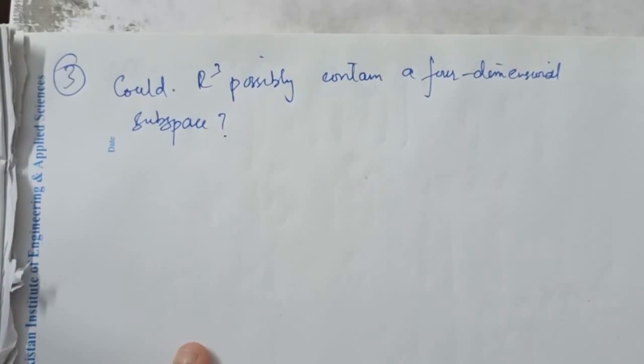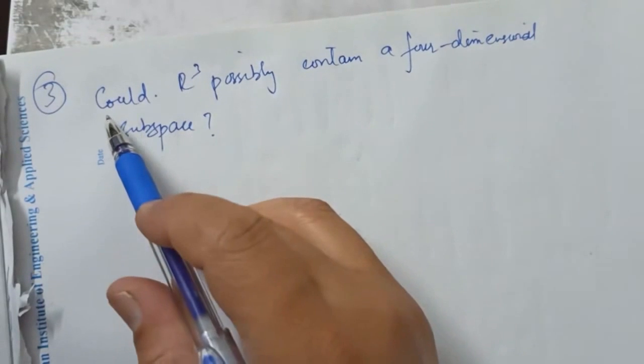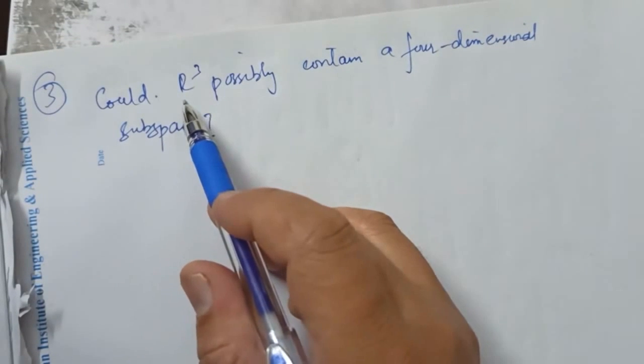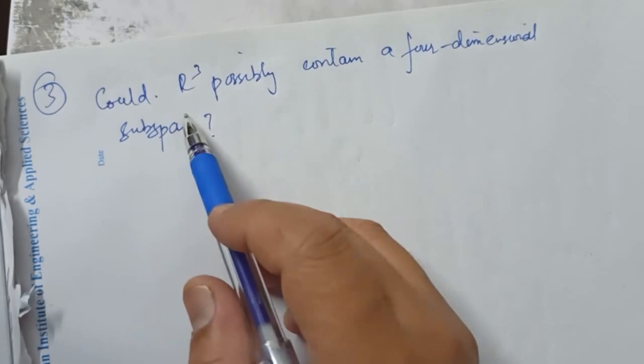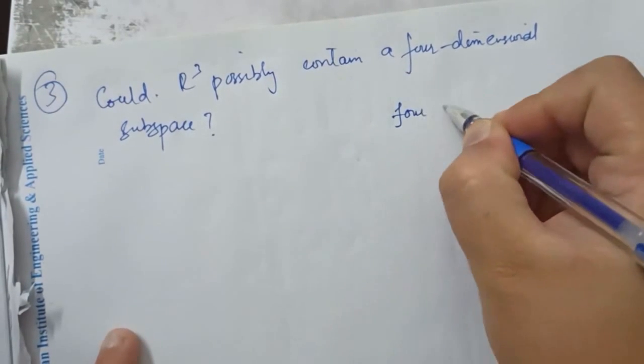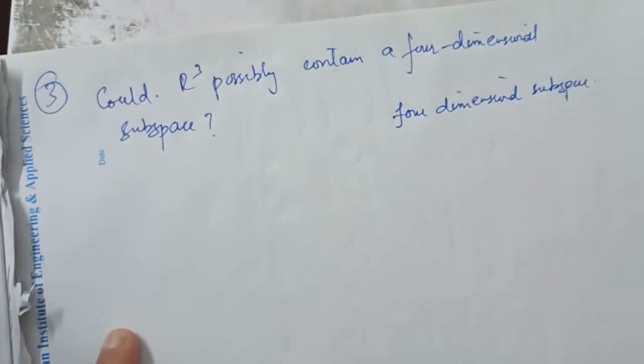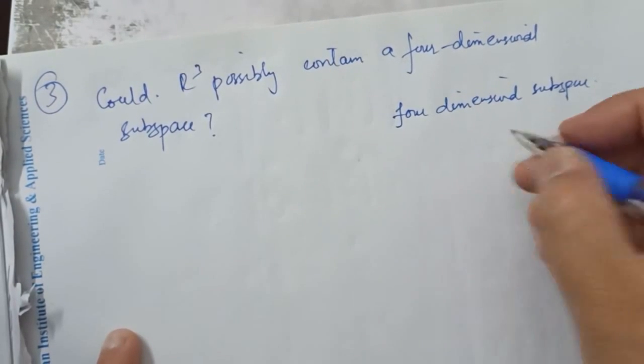What do you think? Actually, it is not possible to fit a 4-dimensional subspace in R^3, because remember, a 4-dimensional subspace will require 4 linearly independent vectors.